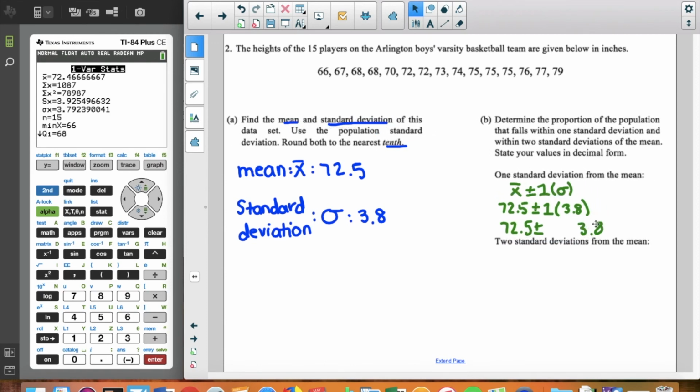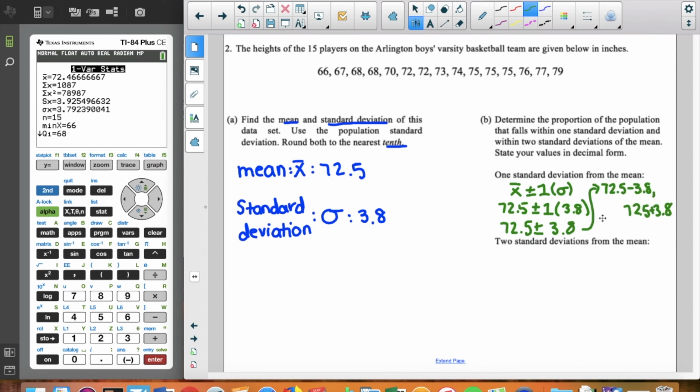Okay, so now what this means is you have to do 72.5 minus 3.8, comma, 72.5 plus 3.8. It'll look better with the bottom one, I promise.